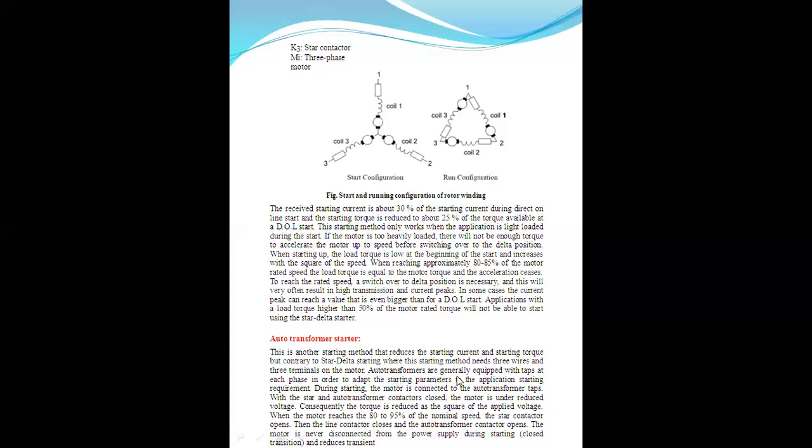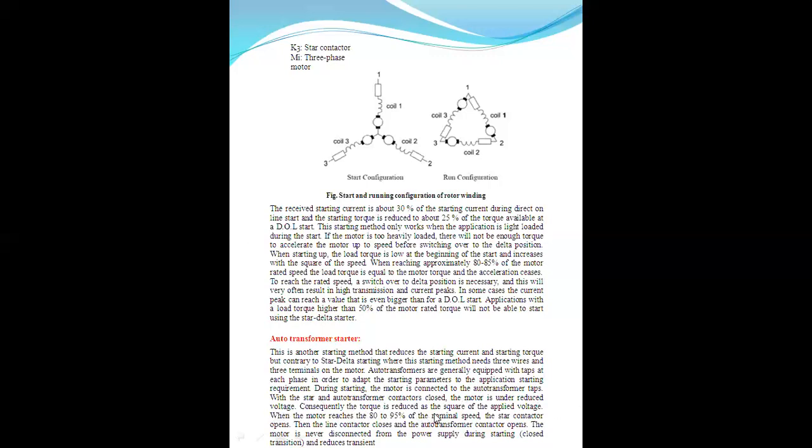Auto transformers are generally equipped with taps at each phase in order to adapt the starting parameters to the application starting requirement. During starting, the motor is connected to the auto transformer taps with the star and the auto transformer contactor closed. The motor is under reduced voltage.